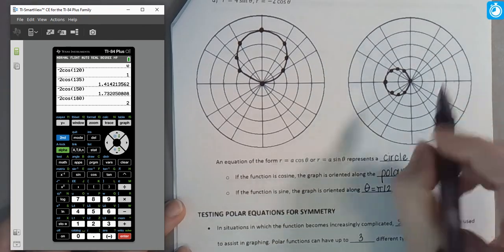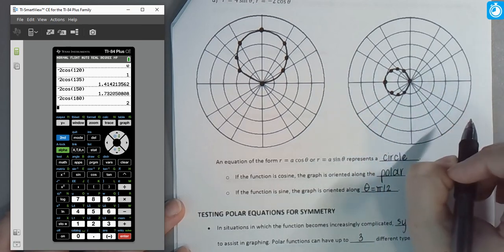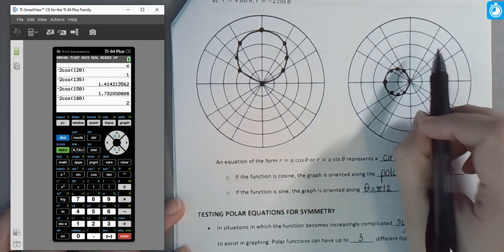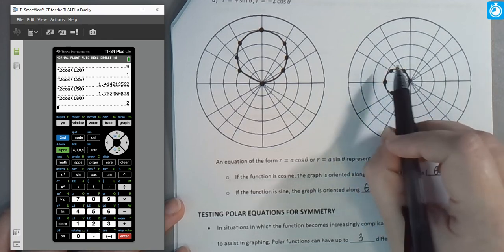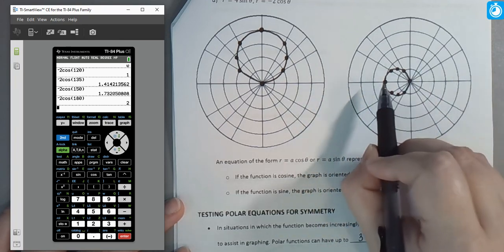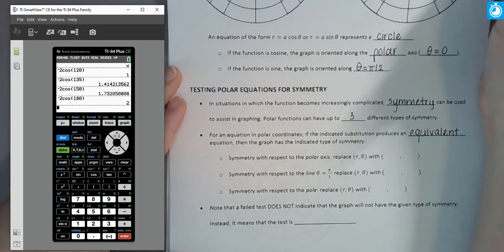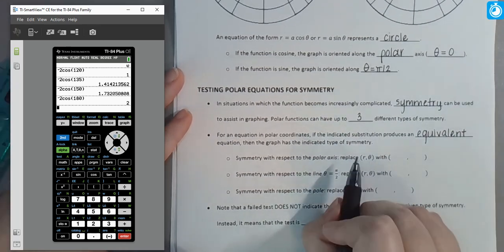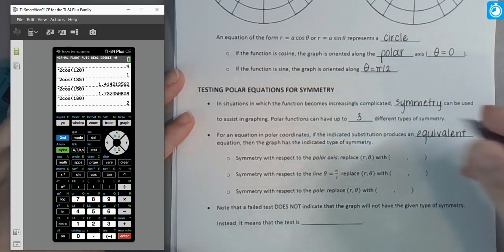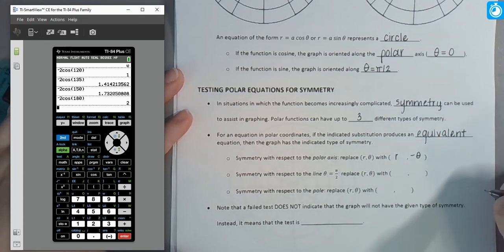So that is kind of like x-axis symmetry. Here's our polar axis. Any equation with symmetry with respect to the polar axis, we have points that match above and below. So this particular graph has symmetry with respect to the polar axis. All of the points above are matched by points below. Now, how do we know just looking at the equation whether or not we're going to have this type of symmetry? We're going to replace r and theta with r and negative theta.